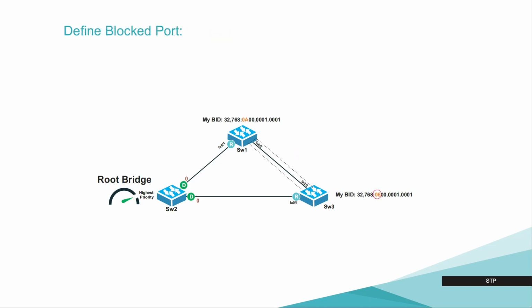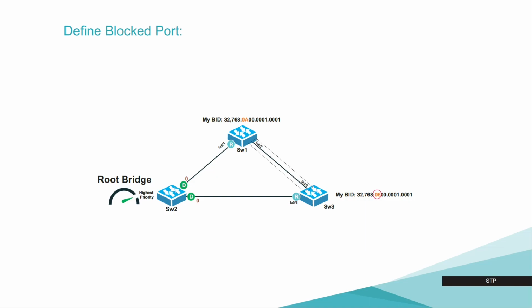In that case, the bridge ID will be the tie break in order to define the plugged port and the designated port. So the lower bridge ID will be preferred. In that case, switch 1 and switch 3 have the same bridge priority. So the tie break will be the MAC address, the lowest MAC address. Switch 1 MAC address starts with 0A and switch 3 MAC address starts with 06.